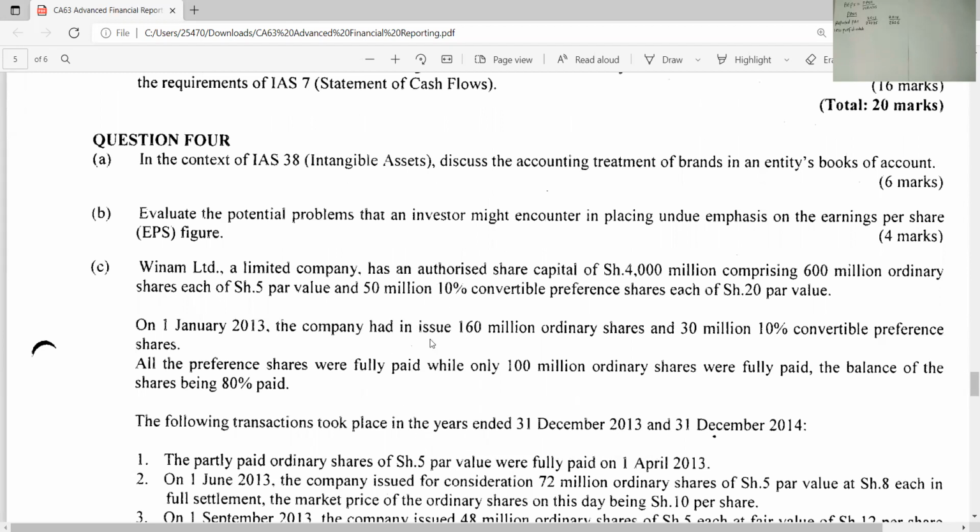Because they say here, on 1st January 2013, the company had in issue 160 million ordinary shares and 30 million 10% convertible preference shares. Which means that out of the 600 ordinary, 160 were issued, and out of the 50 preference, 30 were issued. So we consider the issued.